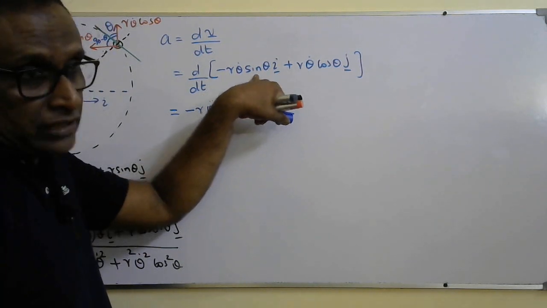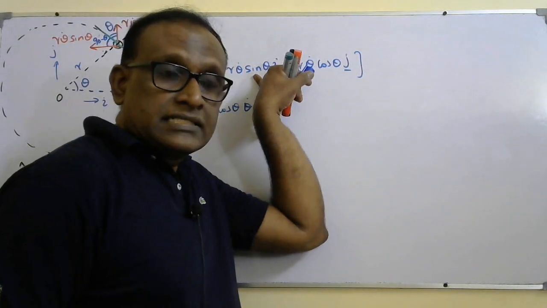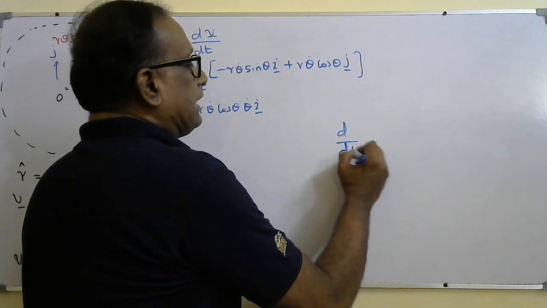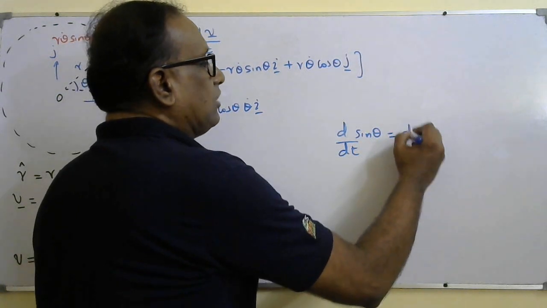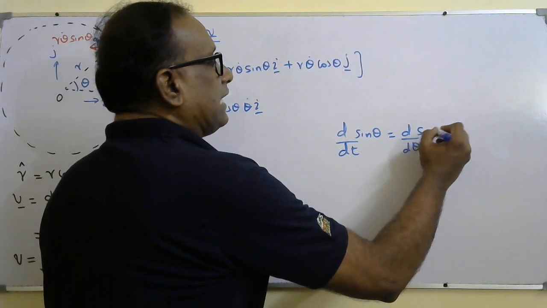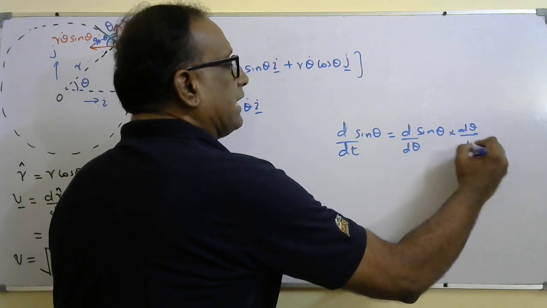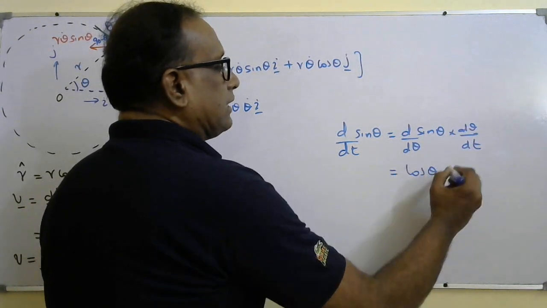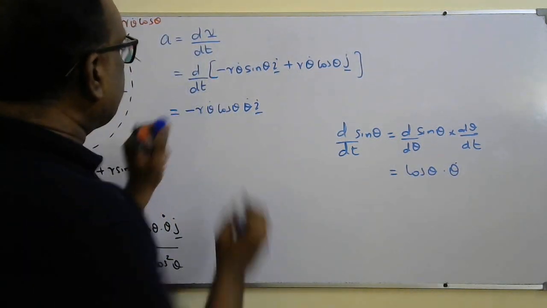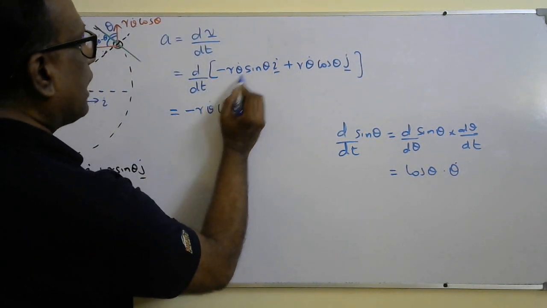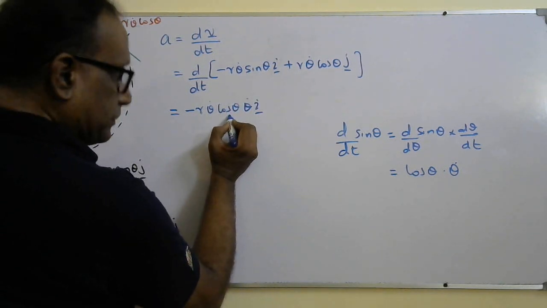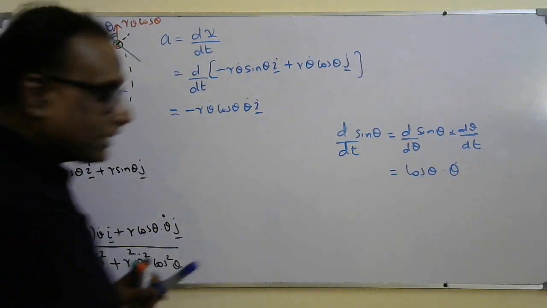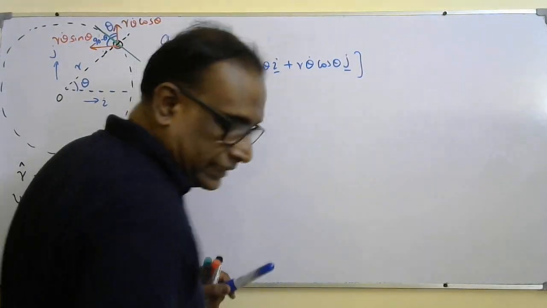When I differentiate sine theta with respect to time, I am skipping a little: d over dt of sine theta, I can say, is d over d theta of sine theta into d theta over dt. I didn't write that many steps. So this will be cos theta into theta dot. That's what I wrote, minus r theta dot into cos theta into theta dot. I didn't show it this way because then the steps will become a lot, so to avoid it, I just skipped a little bit.